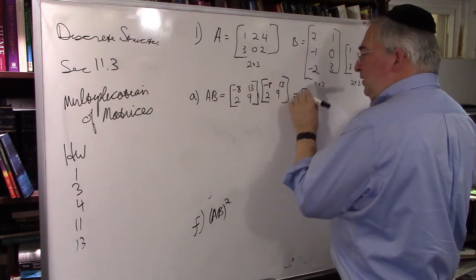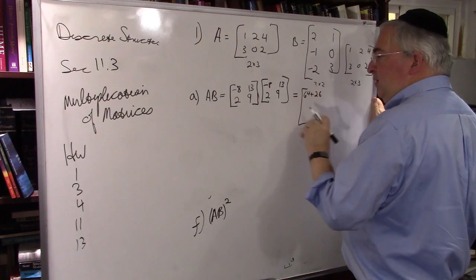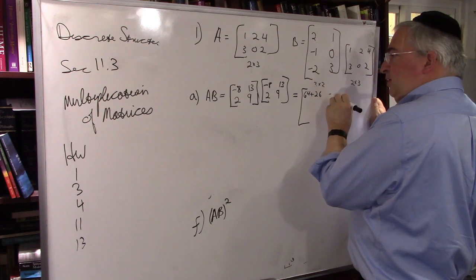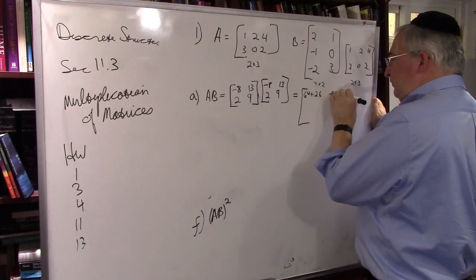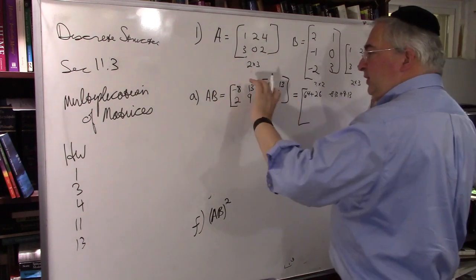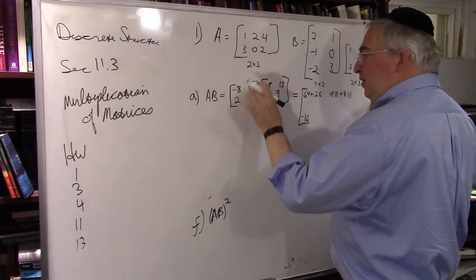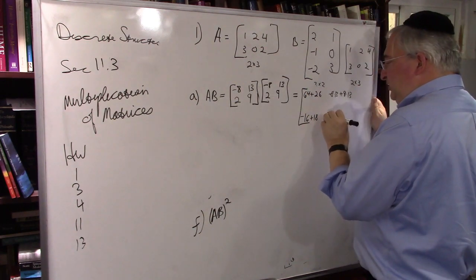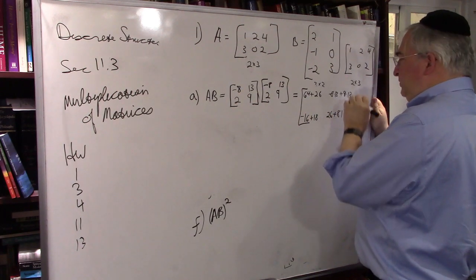64 plus 13 plus 26. Okay, this is going to be minus 8 times 13 plus 9 times 13. Great. This is going to be minus 16 plus 18. And this is going to be 26 plus 81. 9 times 9 is 81.